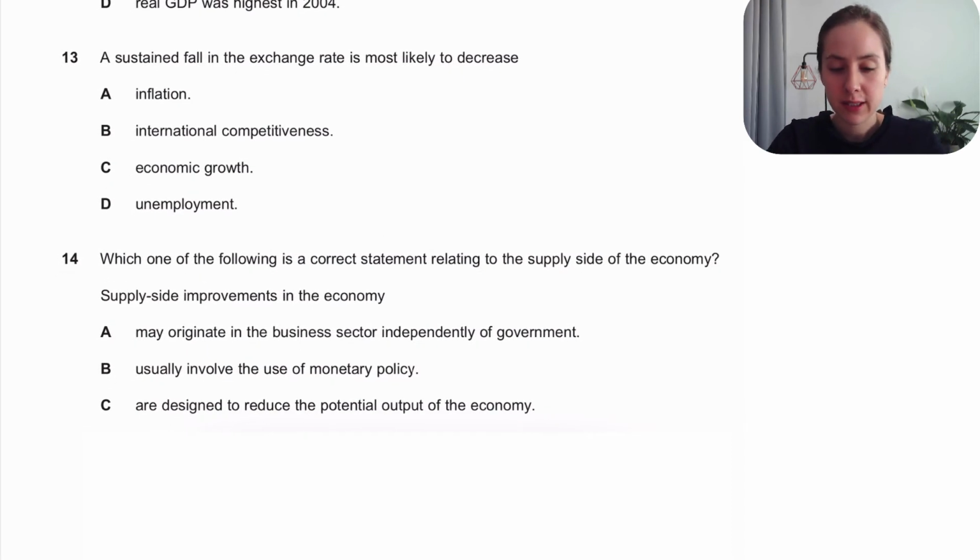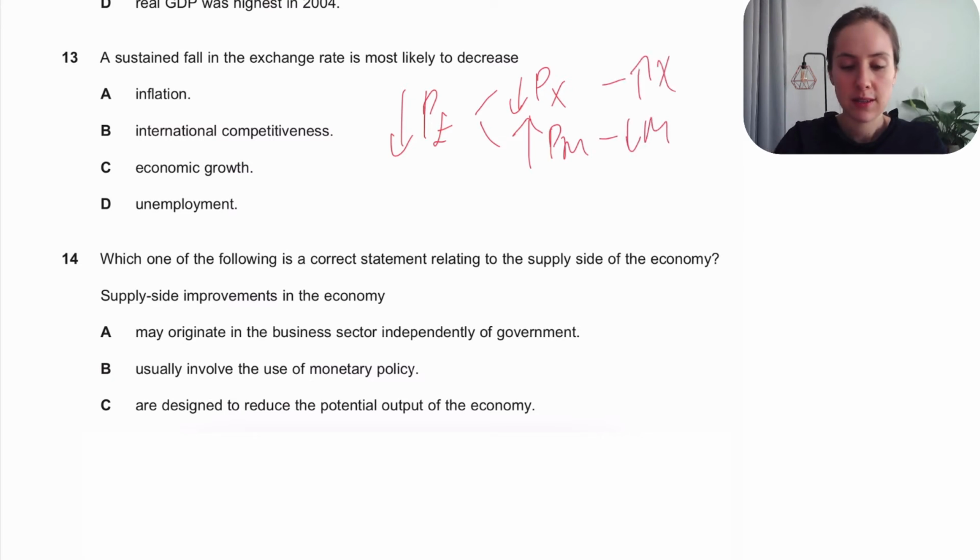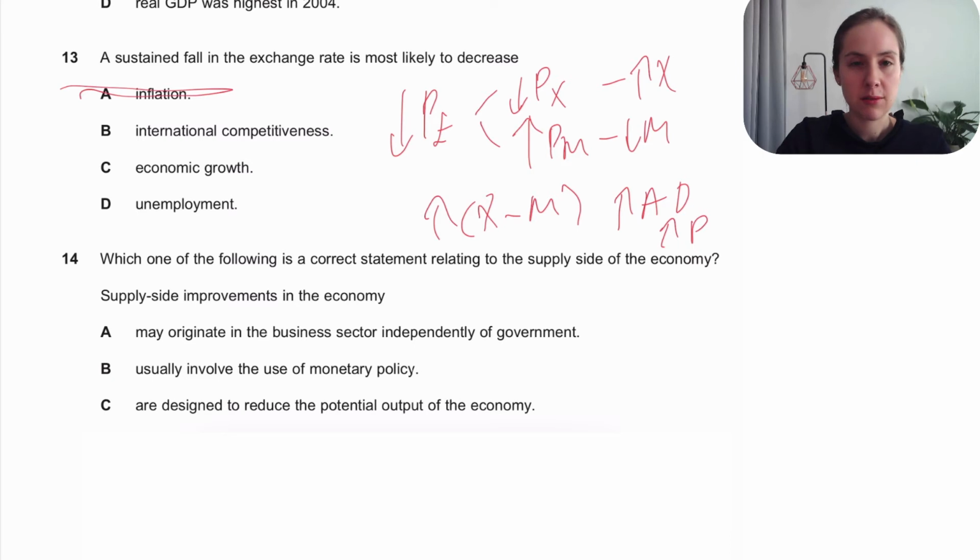A sustained fall in the exchange rate, the pound falls, we're going to have exports getting cheaper, imports getting more expensive. M is going to fall, X is going to increase. And so X minus M is going to increase, which increases AD. That's going to increase prices. Wrong way around. It's a decrease in inflation.